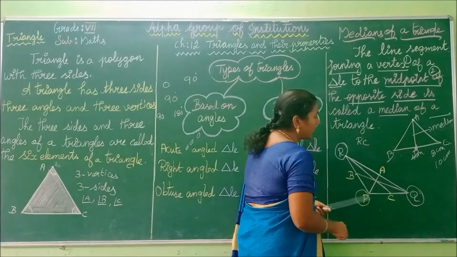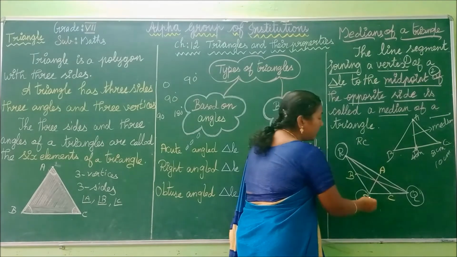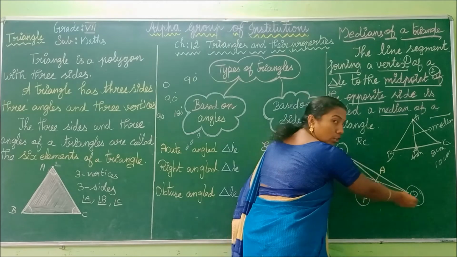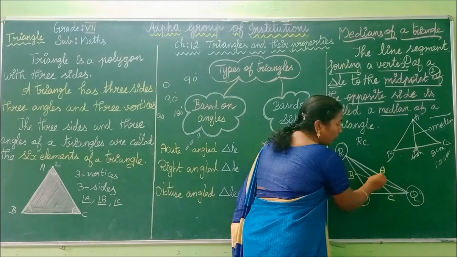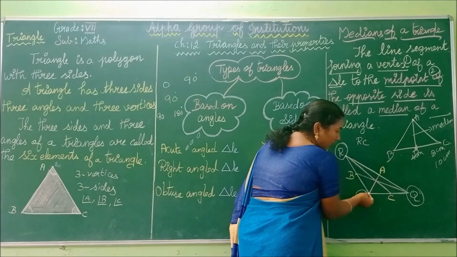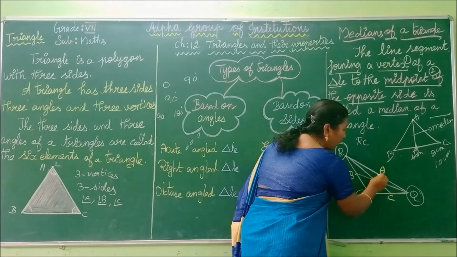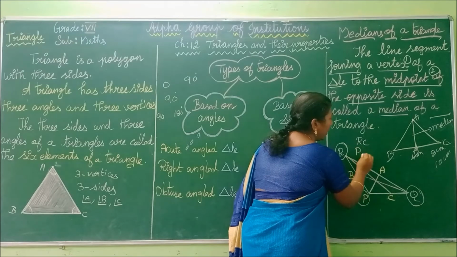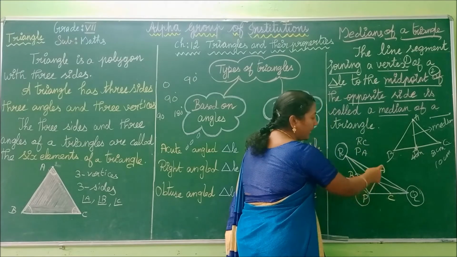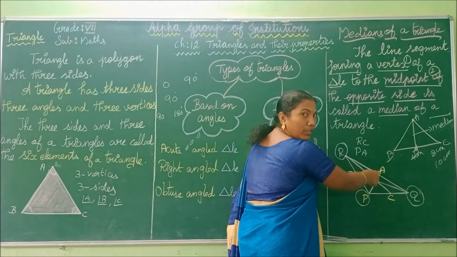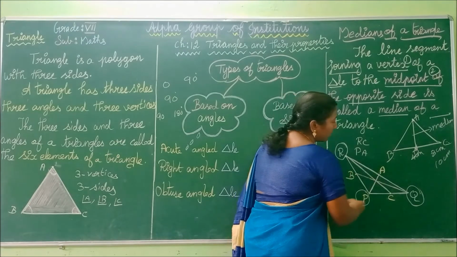Next I am choosing the vertex P. The opposite side of P is RQ, and the midpoint of RQ is A. So I am going to join this vertex and the midpoint of its opposite side. So this is another median, PA. We have to write the name of the median as the vertex and the name of its midpoint. And what is the next vertex?